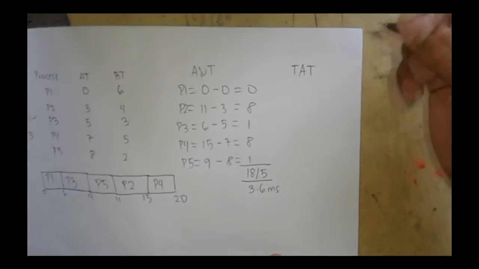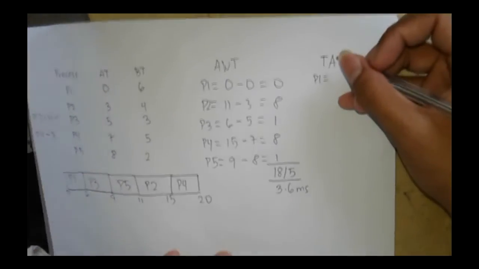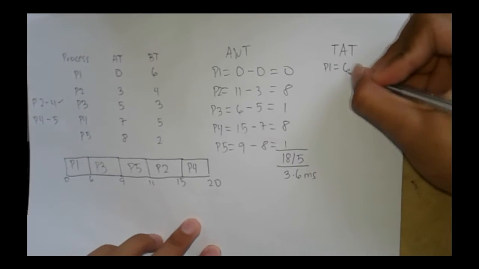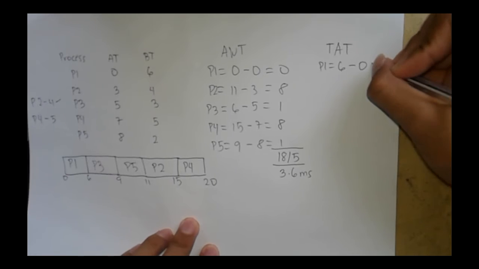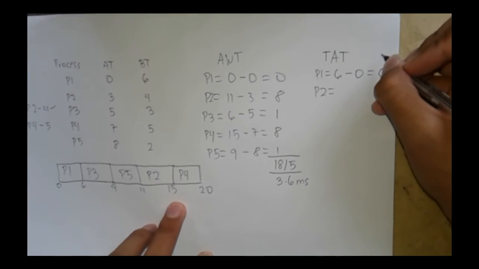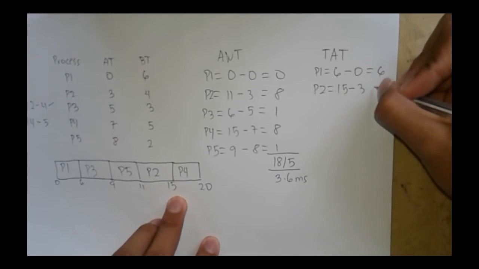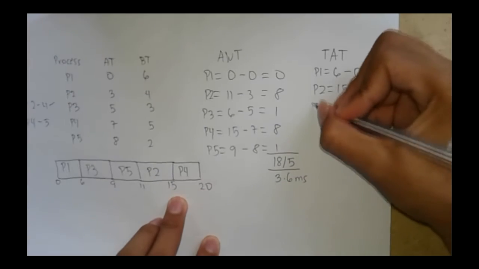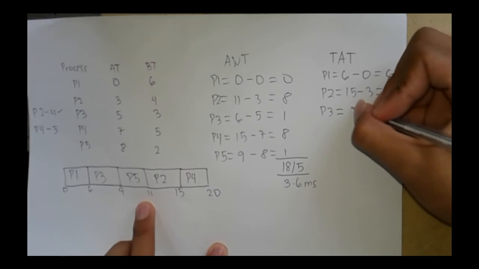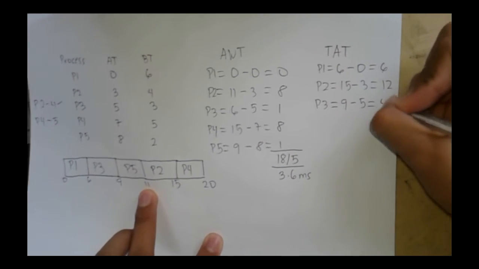And then next, I'm going to do their turnaround time. The formula for turnaround time is finish time minus arrival time. So the finish time of P1 is 6 minus arrival time of 0 is equal to 6. The finish time of P2 is 15 minus arrival time of 3 equals 12. And P3, the finish time of P3 is 9 minus the arrival time of 5 equals 4.